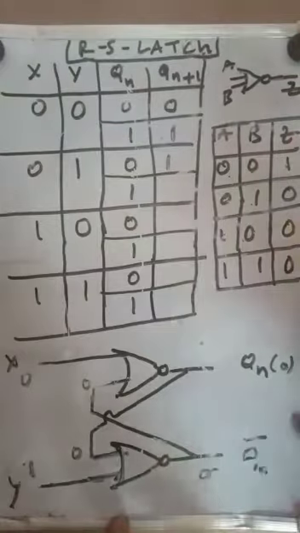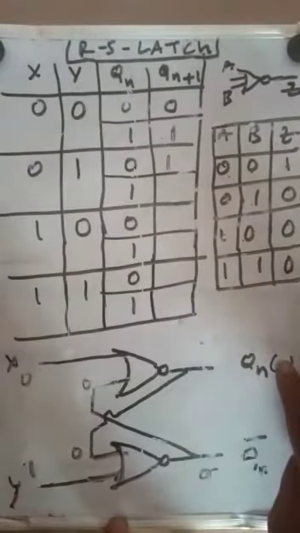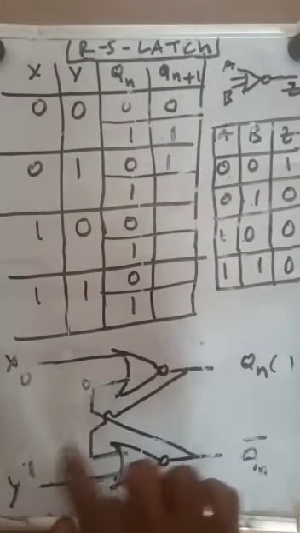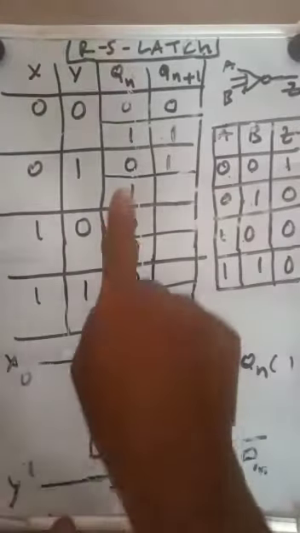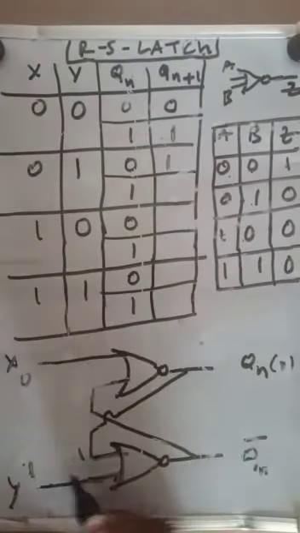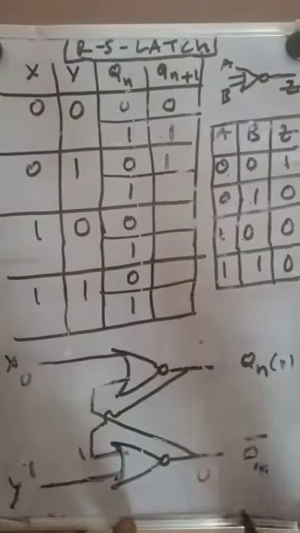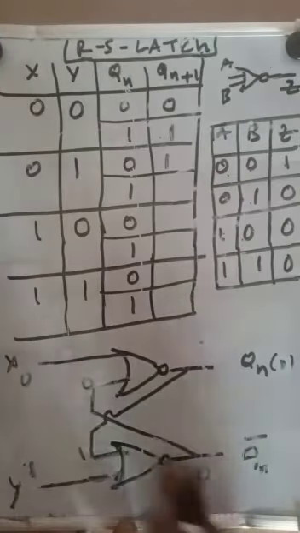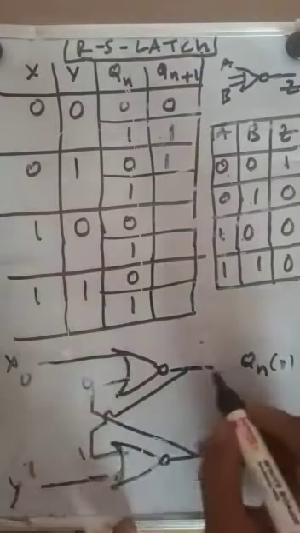Next, the present state is equal to 1, inputs are 0, 1. The present state output is equal to 1, so that means this is 1. Then 1, 1 is equal to 0. So this 0 is going where? 0 plus 0 is equal to 1.